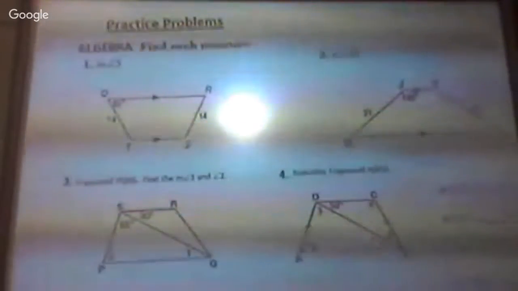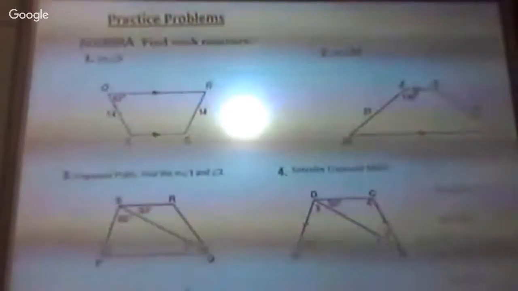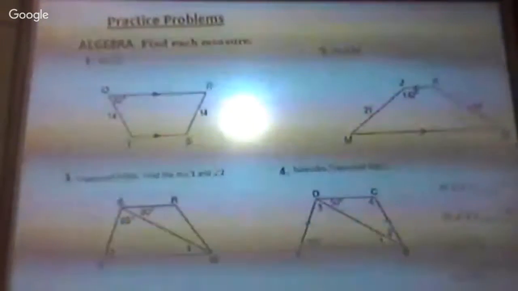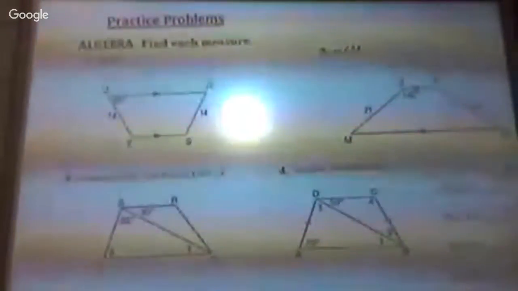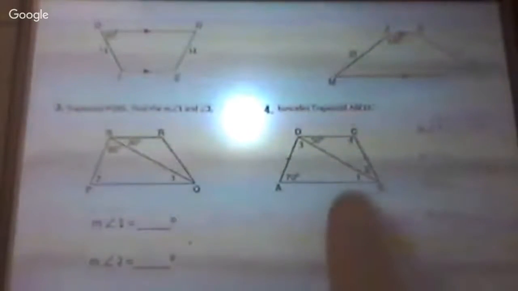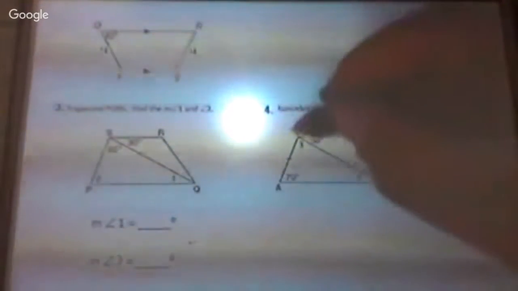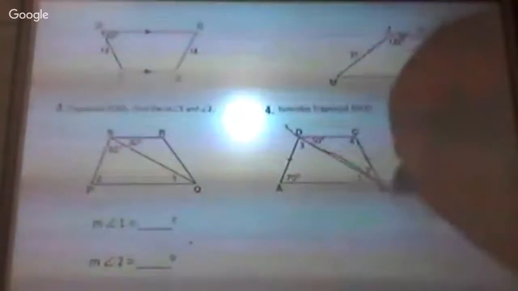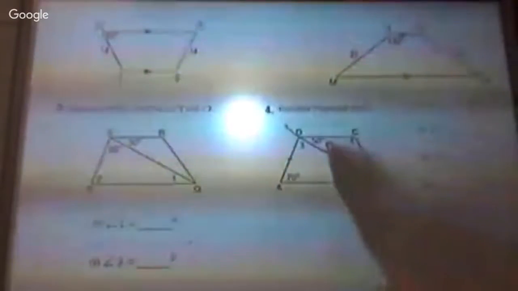All right, so on the back, we need to follow the rules on the front of this page and work on this. Shouldn't take you too long. Got to find angle S, angle M, and then the angles 1, 2, 3, and 4 for this particular one. Remember, this is a transversal line. So 50 is here. I probably think 50 might be right there.